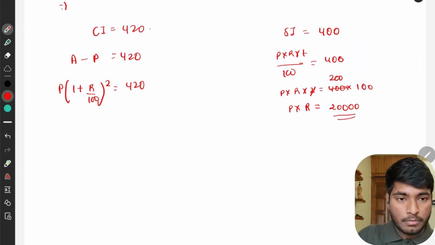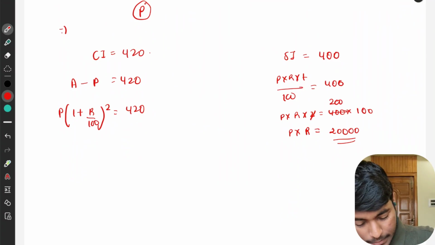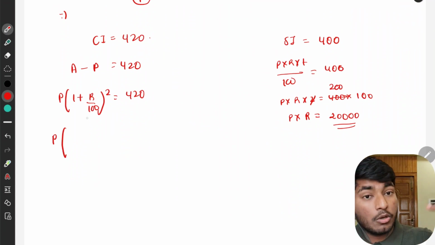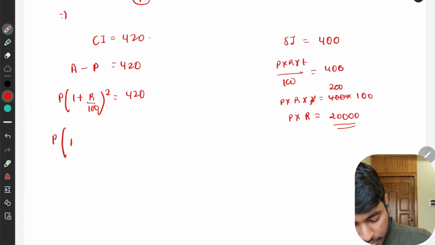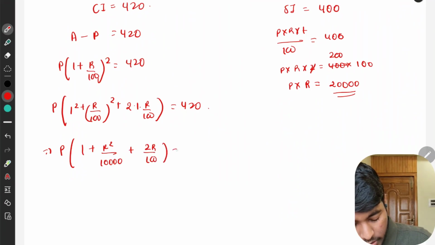So I can say P(1 plus R square by 10,000 plus 2R by 100) is equal to 420.